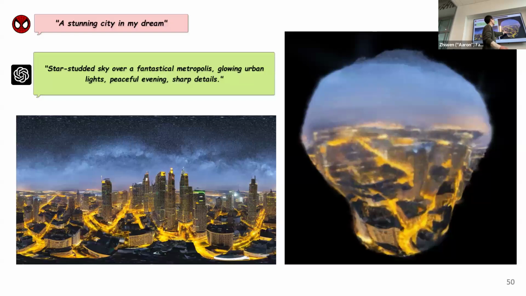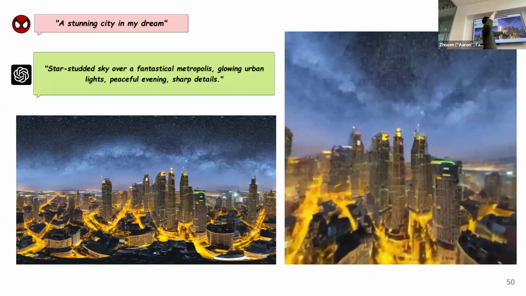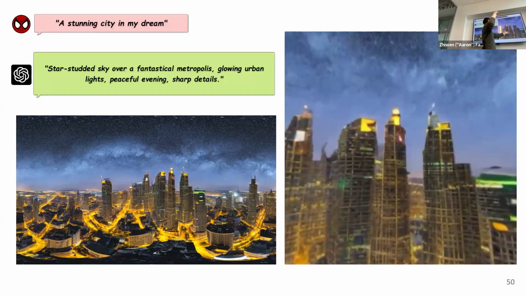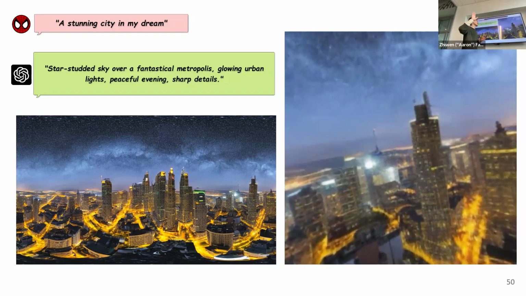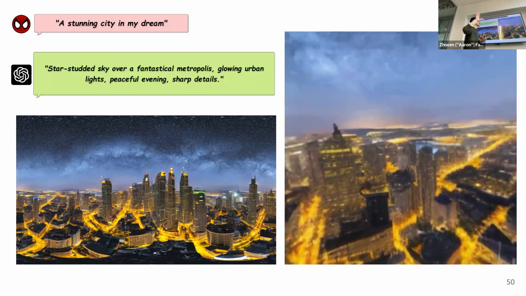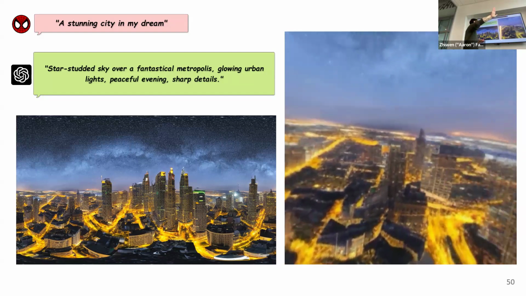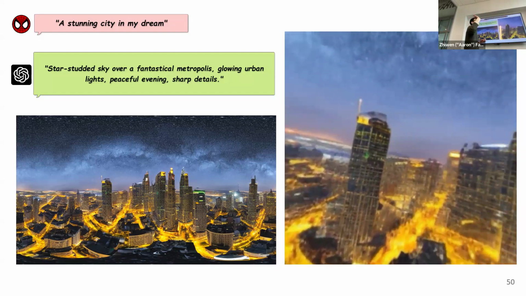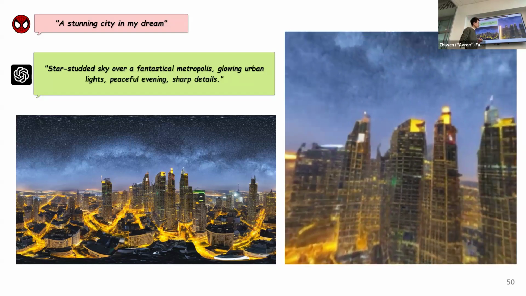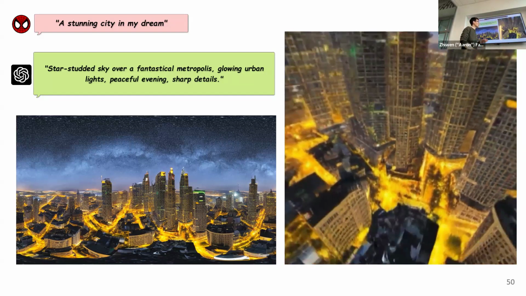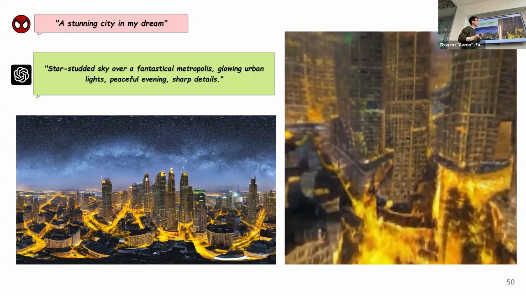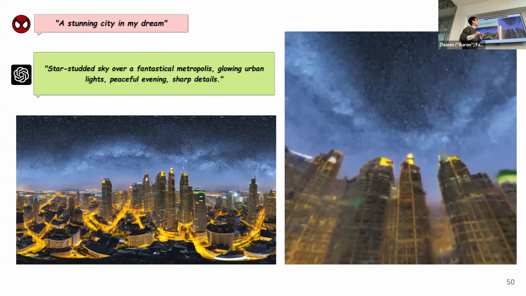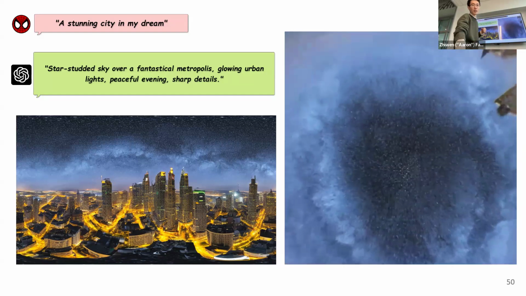Now we can see this is the virtual 3D image. We can jump into the virtual world, rotate our head, move forward, move backward, and even move up and down. Everything can be rendered in real time at this moment. That's why spatial computing is really getting closer to our daily life.